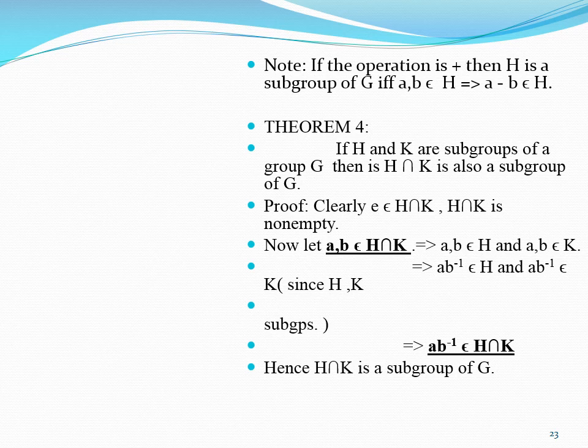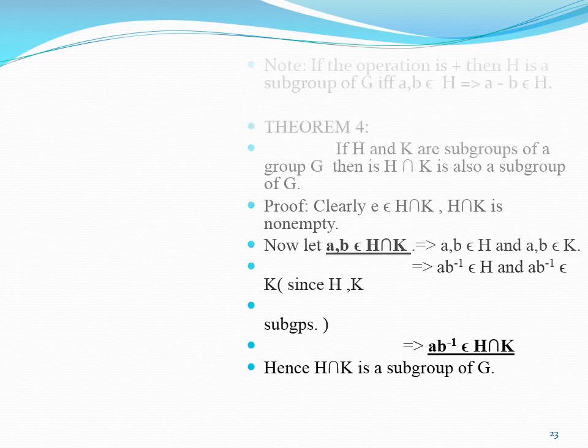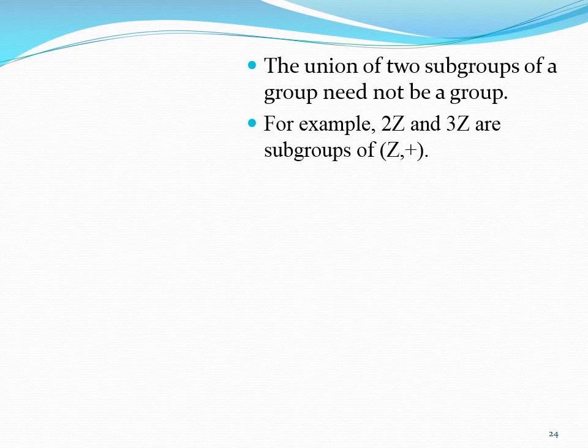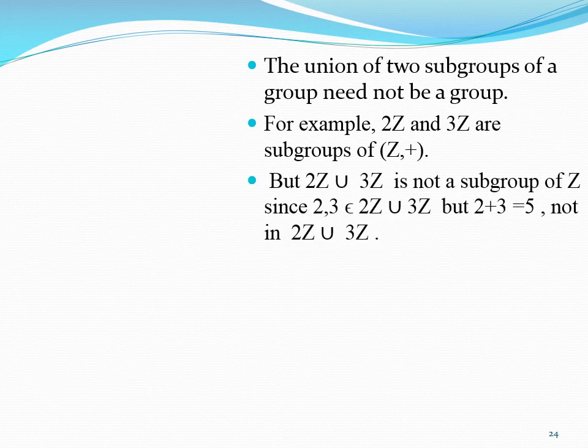So very important: H intersection K is also a subgroup of G. For the union, the union need not be a group. Example: 2Z and 3Z are subgroups of Z under plus. What is 2Z?